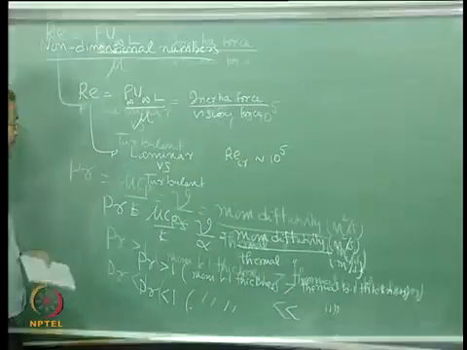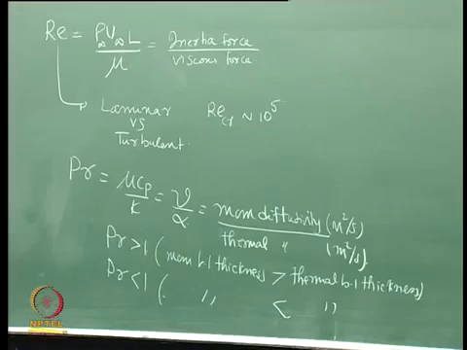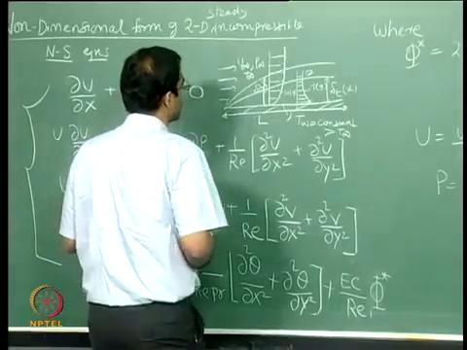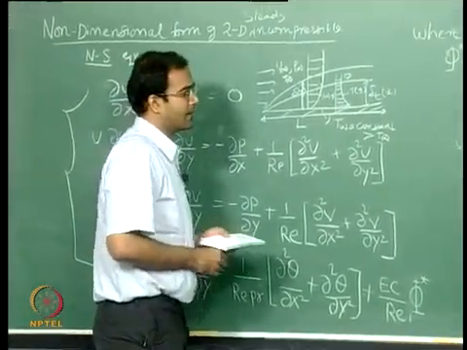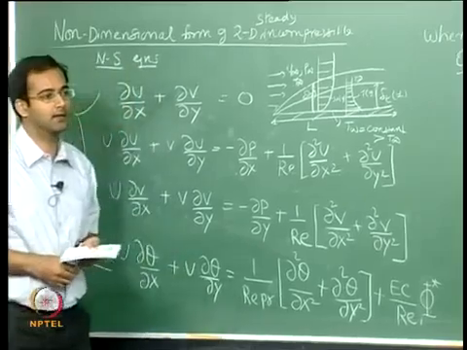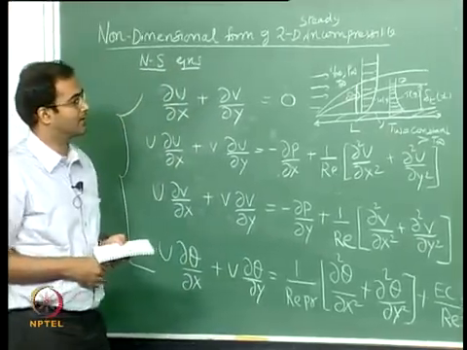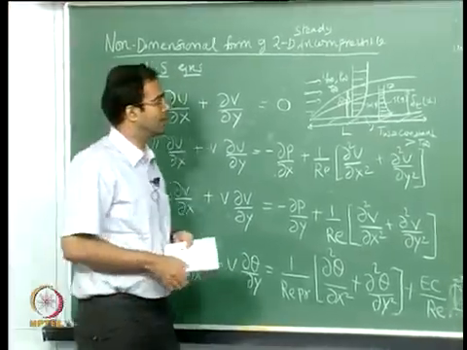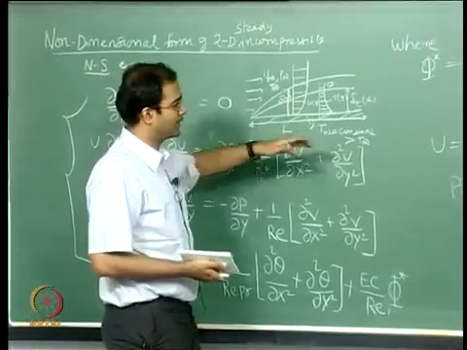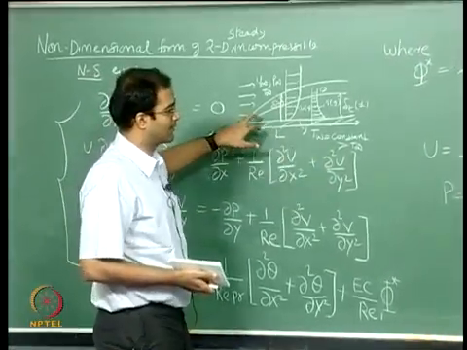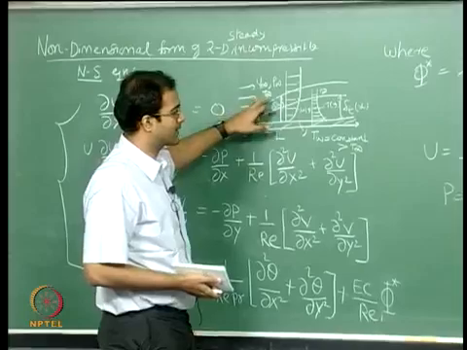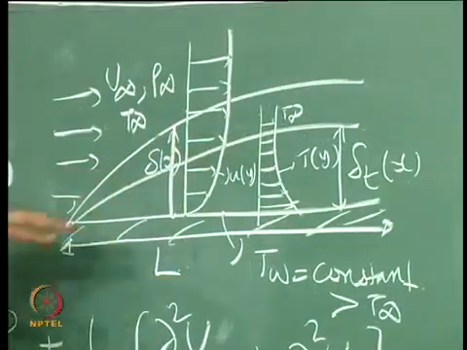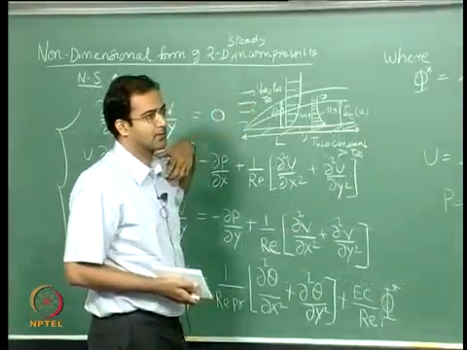Okay, so with that you can look at some approximations that you can make when you are solving the incompressible boundary layer equations. Wherever you have a very small Prandtl number approximation, for example when your momentum boundary layer thickness is much smaller, you have to make certain approximations which will simplify your flow.